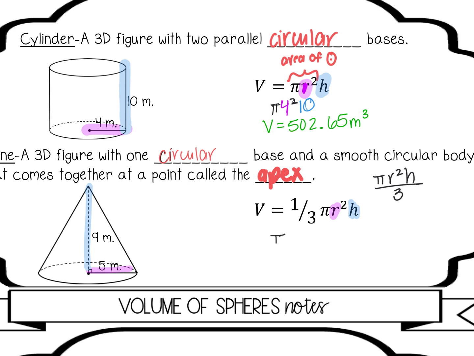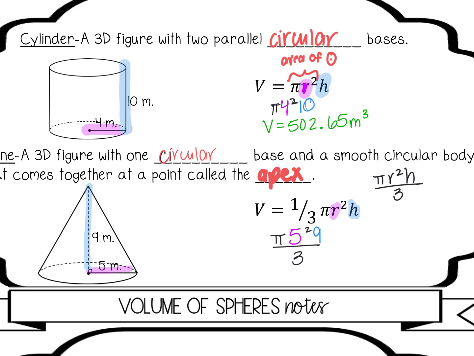I'm going to go ahead and write it. I have pi times 5 squared times my height, which is 9, and I'm dividing everything by 3. So plugging it into your calculator, pi 5 squared times 9 divided by 3.